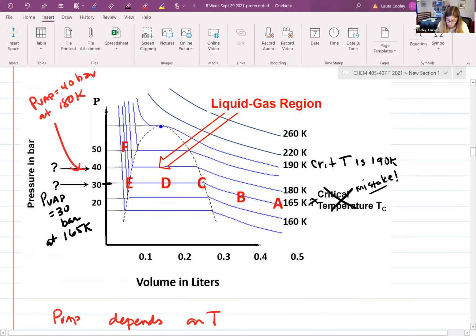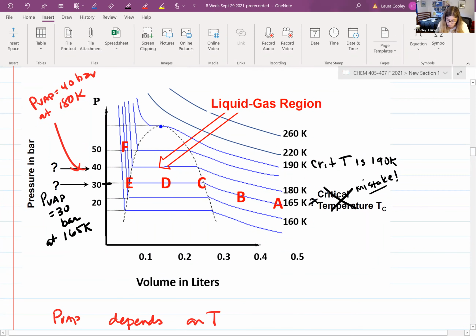There's that equilibrium point where those two things sort of balance out. Just to point out, we call this region inside this curve the liquid gas region, because for all of these horizontal lines, we have an equilibrium between liquid and gas, and we have a vapor pressure at each of these temperatures. So we have P vap at, let's call this 150, we have the vapor pressure at 160, et cetera.